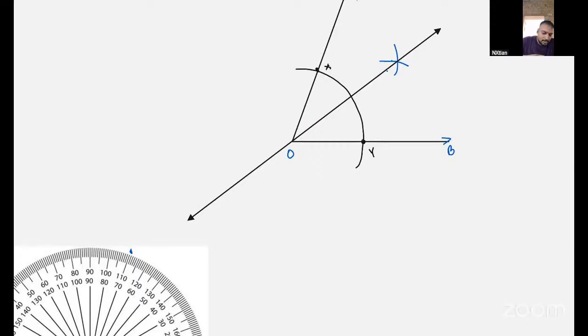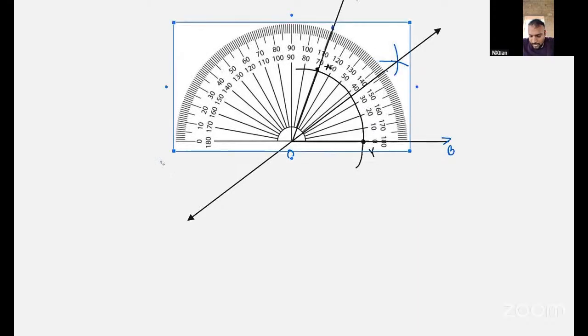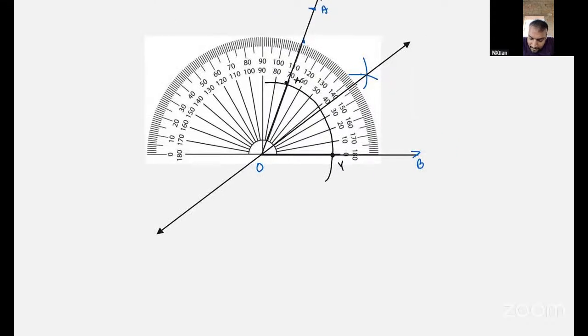So now put the protractor again and check how many degrees you make. Wow, yeah. I'm a very talented guy. I am getting 37 here. Okay, so you should get 35.